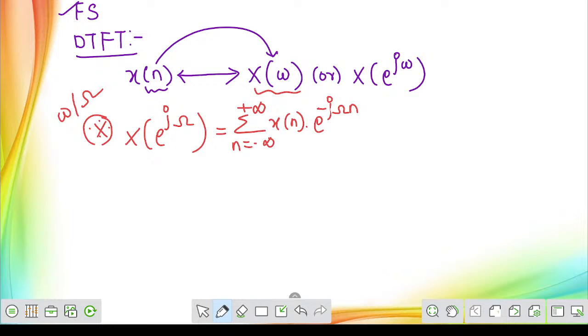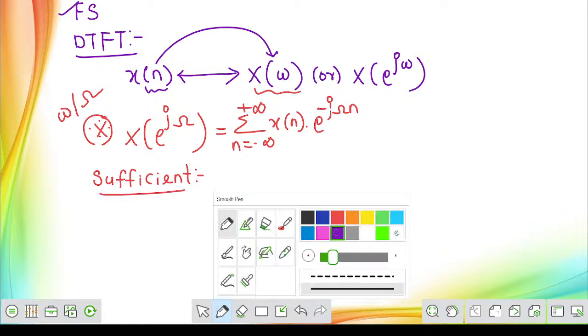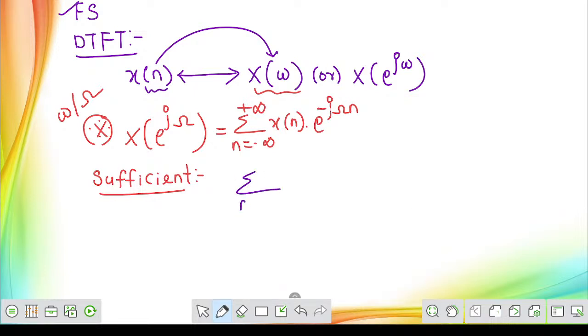Fine. Next, whenever we focus on discrete time Fourier transformation, what is the sufficient condition to apply it to any signal? The one and only sufficient condition is when you find the summation of the signal, say running from minus infinity to plus infinity, the resultant value must be less than infinity.